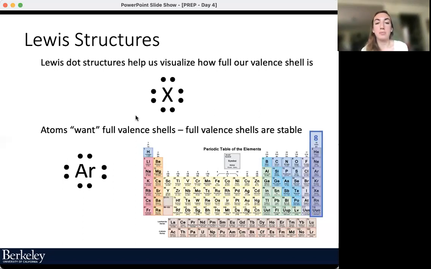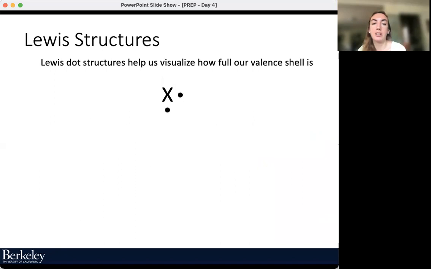So these we call the noble gases because they're very stable. They're really not involved in any reactions at all. So just going back to this animation, if I had one valence electron, I would draw it like this. 2, 3, 4, 5, 6, 7, 8. Okay.